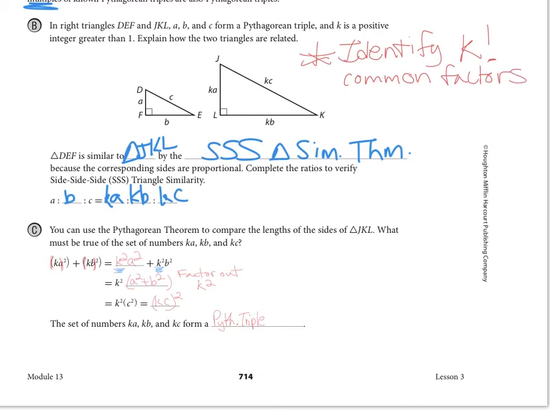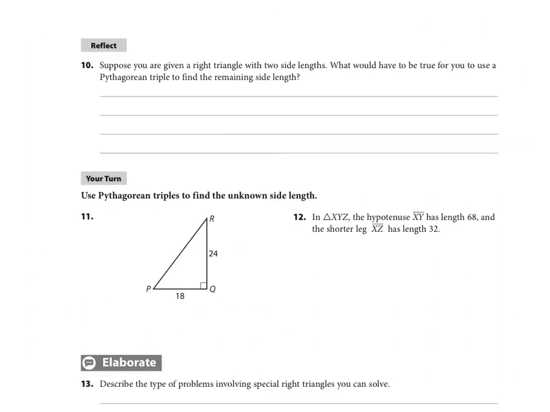So on the next page, page 715, the reflect question says, suppose you are given a right triangle with just two side lengths. What would have to be true for you to use a Pythagorean triple to find the remaining side length? And this is an important question because, as you can see, this is the exact scenario that's going to be happening in questions 11 and 12.